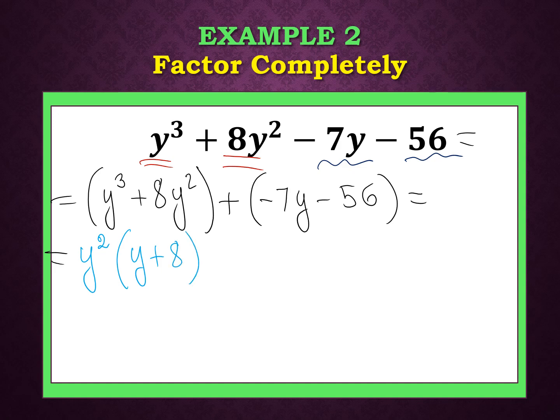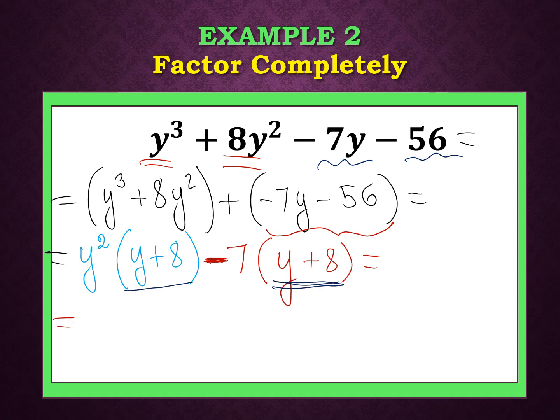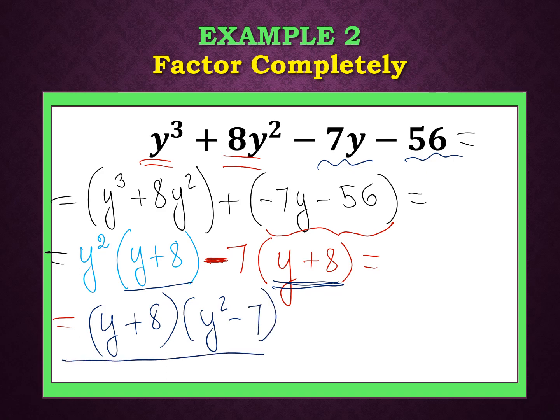The second parenthesis has common factor negative 7, and we distribute minus, so we must change our signs inside parentheses. It would be y plus 8. Now the common factor is y plus 8. We can write y plus 8, open parenthesis, y squared minus 7. It is the factored form of our given polynomial.